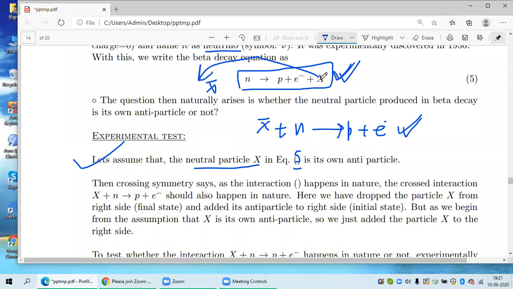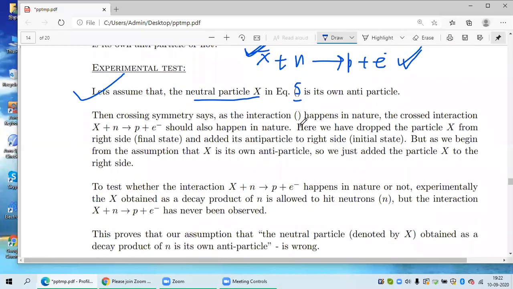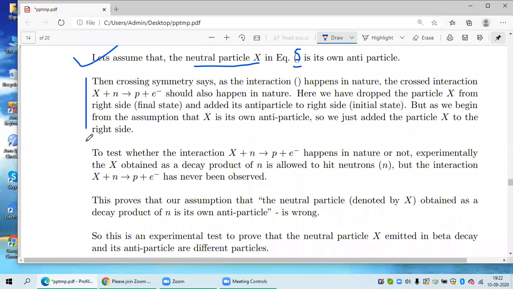All I am saying is that its antiparticle, X bar, should be different from X, and this reaction must happen. This reaction should obviously happen if this happens. The only thing is that X and X bar are not the same particle. That I can test by throwing this X again on this neutron, proving that the reaction is not occurring in nature. I have written it explicitly in the notes, so you can find it when you study them.